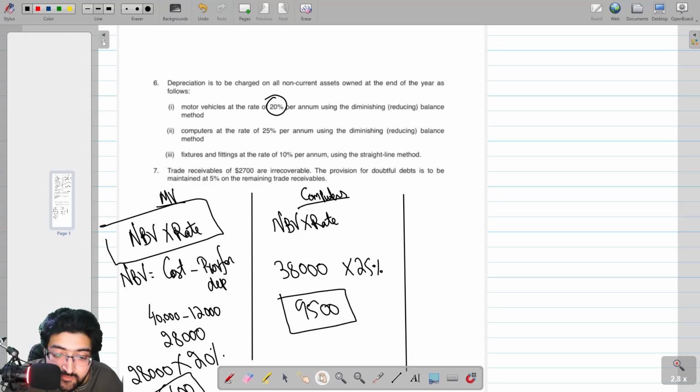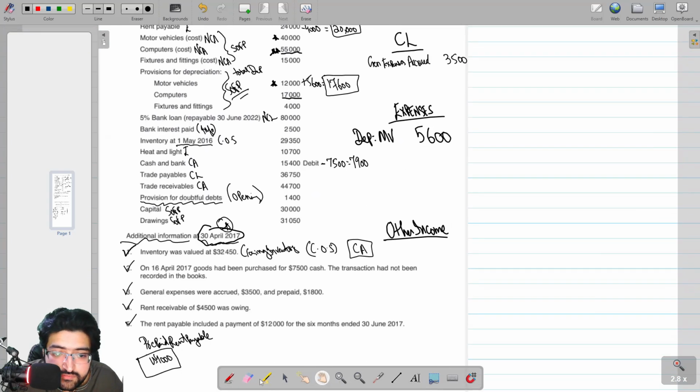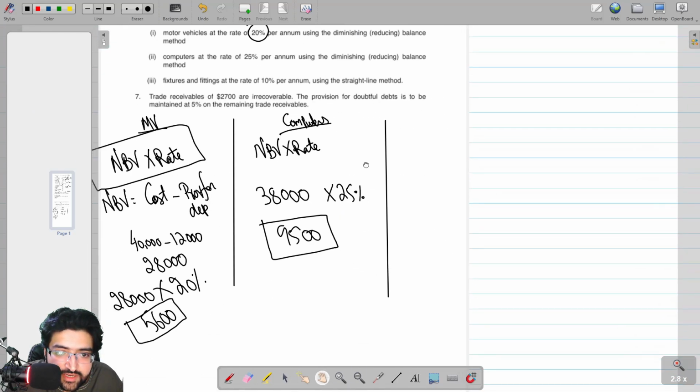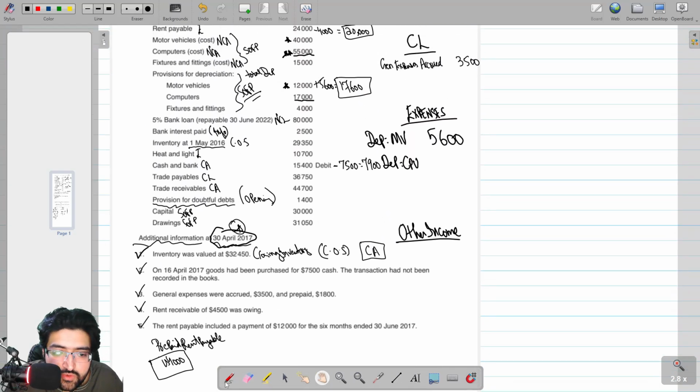Repeat the steps. Include this as an expense in the income statement. So depreciation of computers. Let's use shortcuts here. What was the value? I forgot. Let me double check. 9,500. So 9,500. And then remember to include this to get the new total depreciation now.